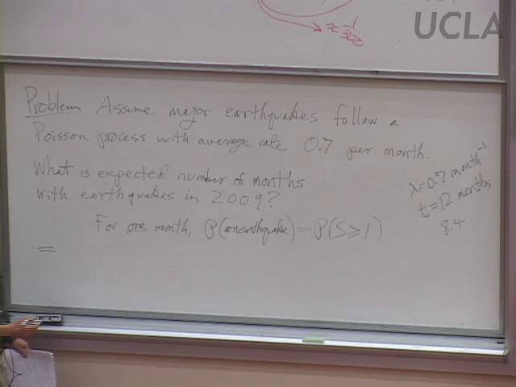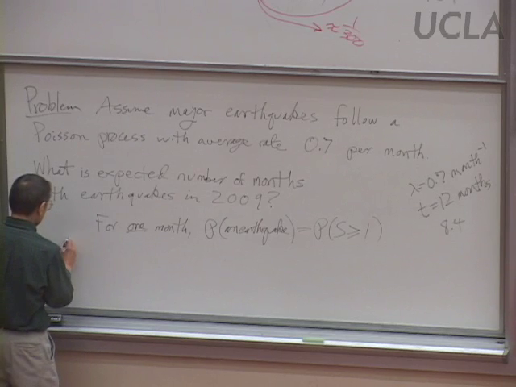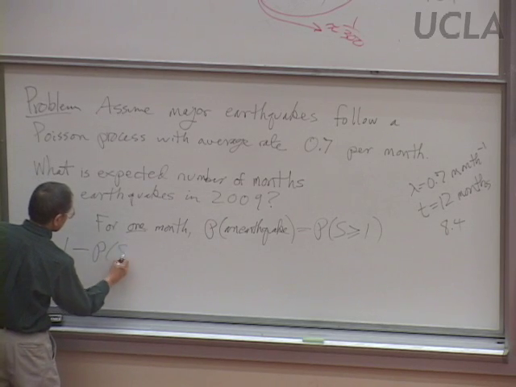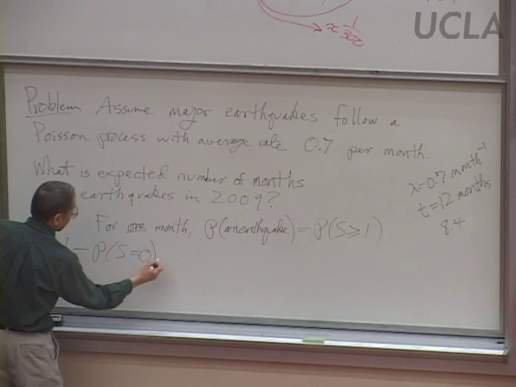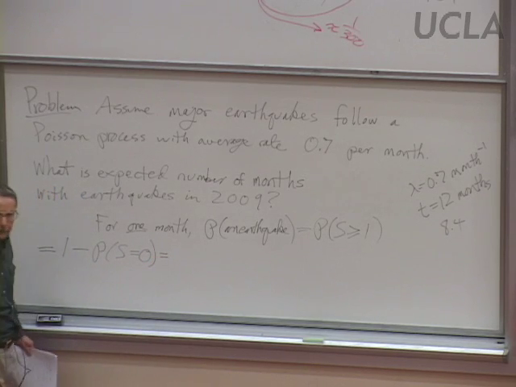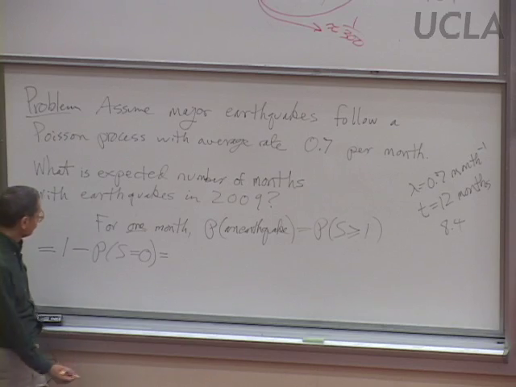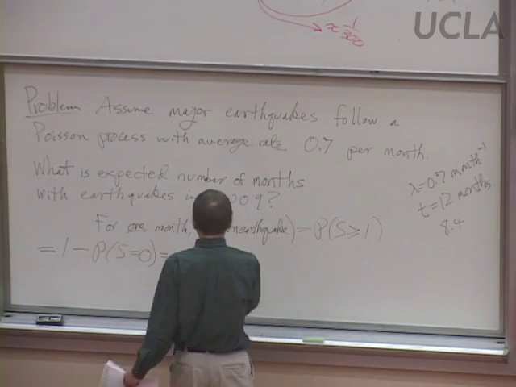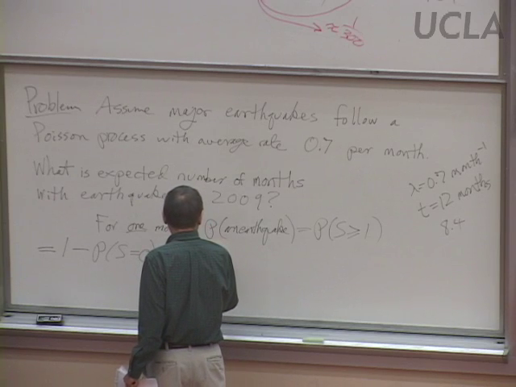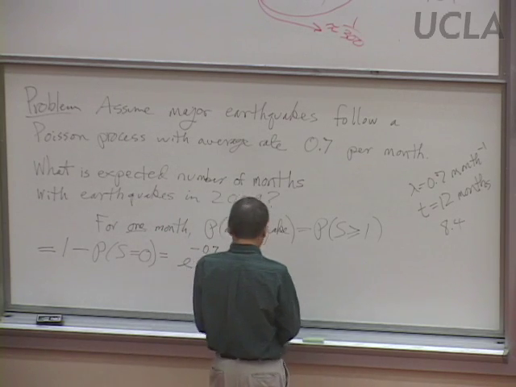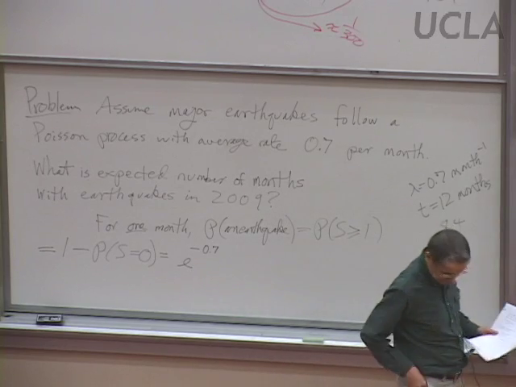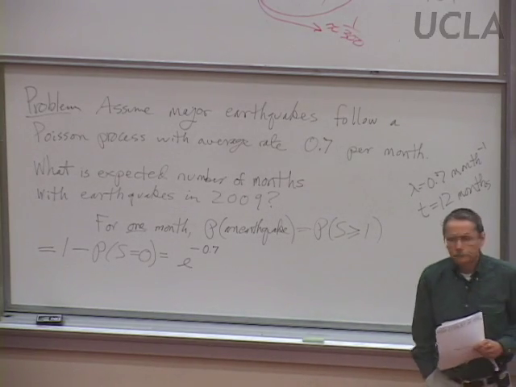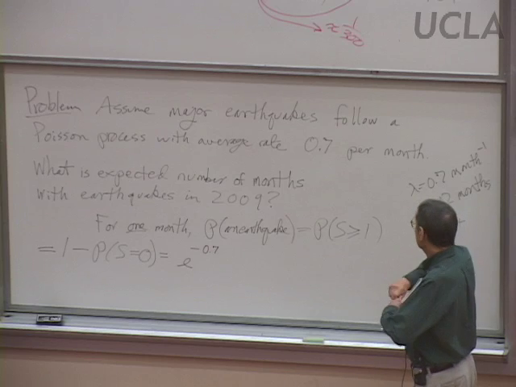well, we apply the Poisson distribution. It's easier to look at the complement. The probability of not having an earthquake in that month is e to the minus 0.7. Right, because we're looking at 1 month here.